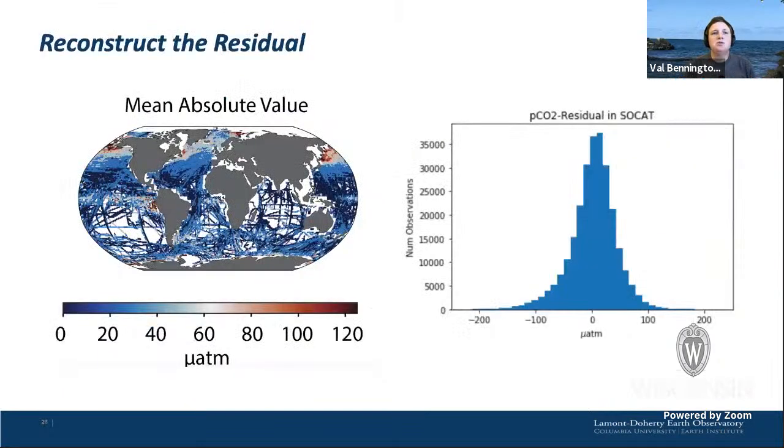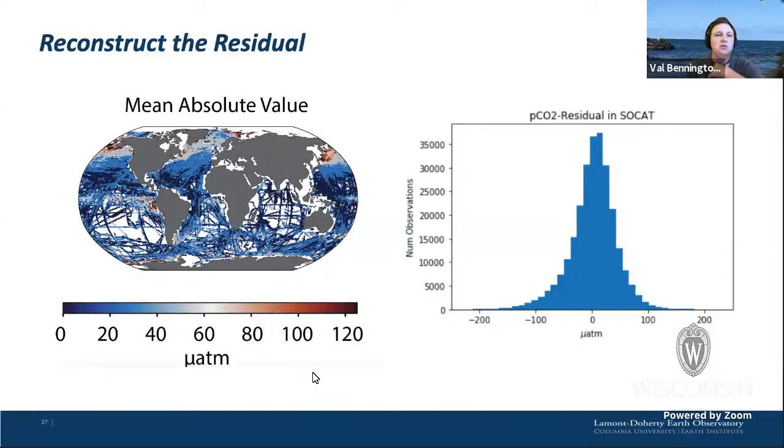So what does this residual look like? I showed you what the PCO2 observations look like. I want to show you what the calculated residual looks like. And so here on the left is the mean absolute value of this residual. And what I want you to take away from this plot is that it's very small values in the subtropical regions where it's dark blue. That's because these are temperature dominated regions, as we said.